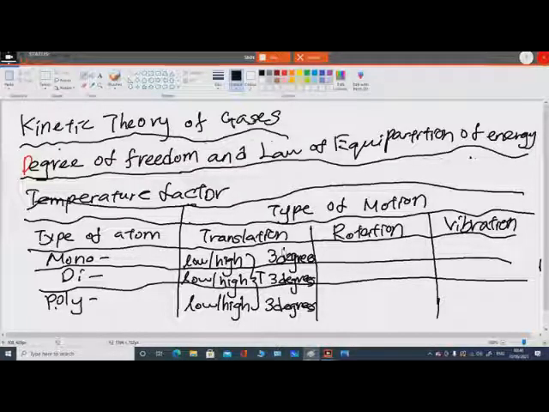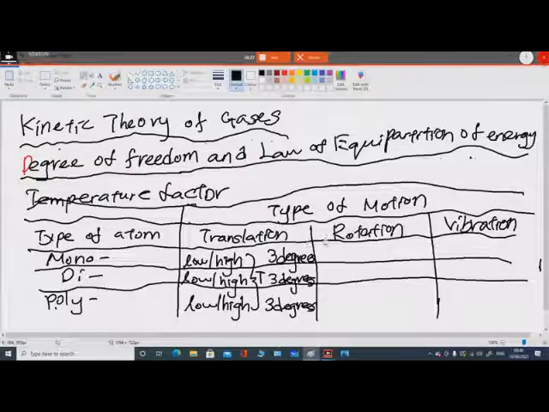Okay, so let's go through the rotational motion. Let's talk about the monoatomic first. As I mentioned just now, there's no rotation and vibration even at very high temperature. So the monoatomic consists only of translational motion.